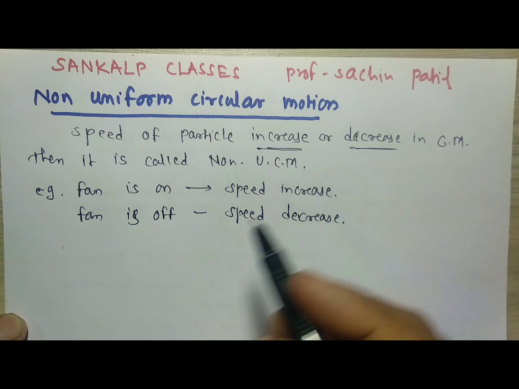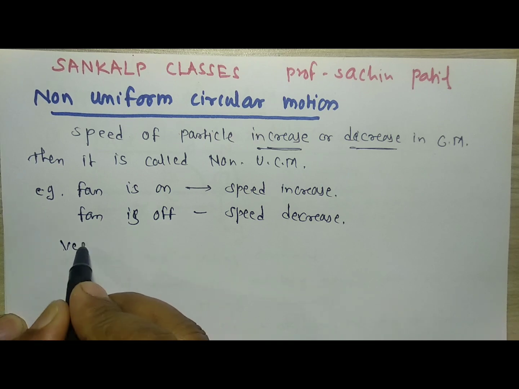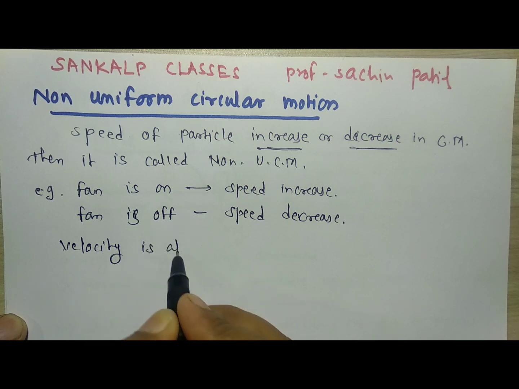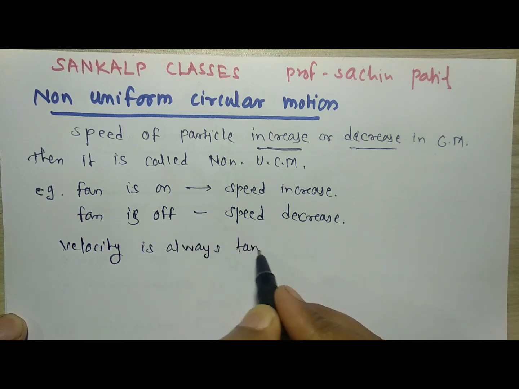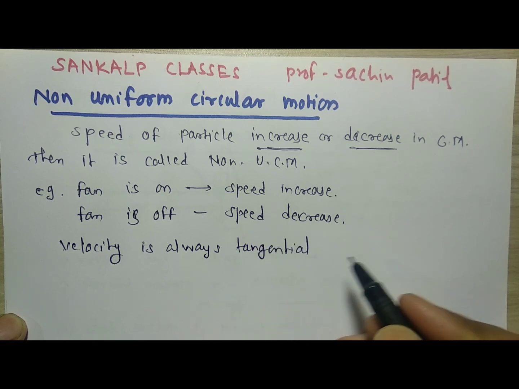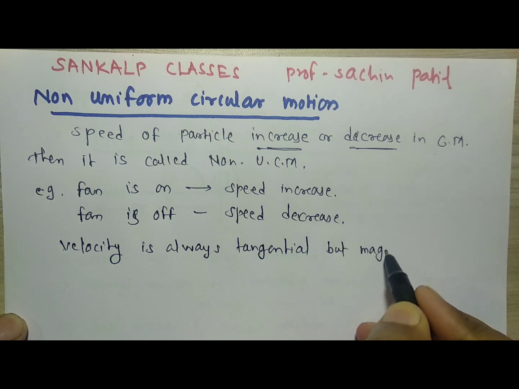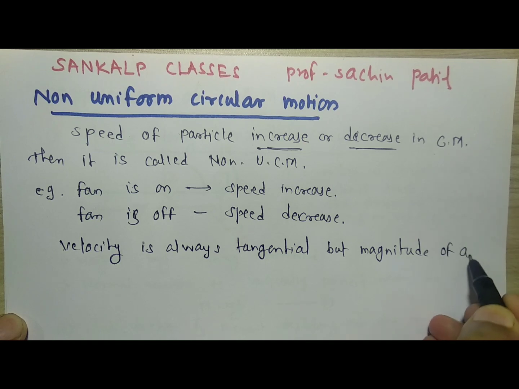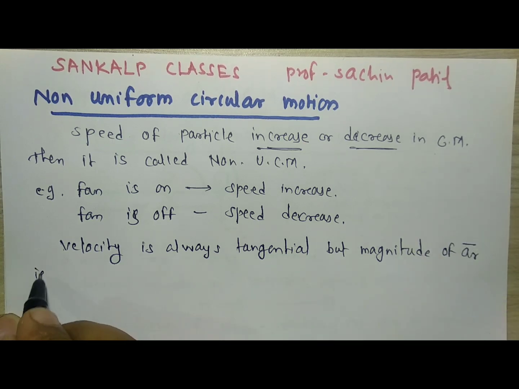In non-uniform circular motion, velocity is always tangential, but the magnitude of a_r bar, what is a_r bar?